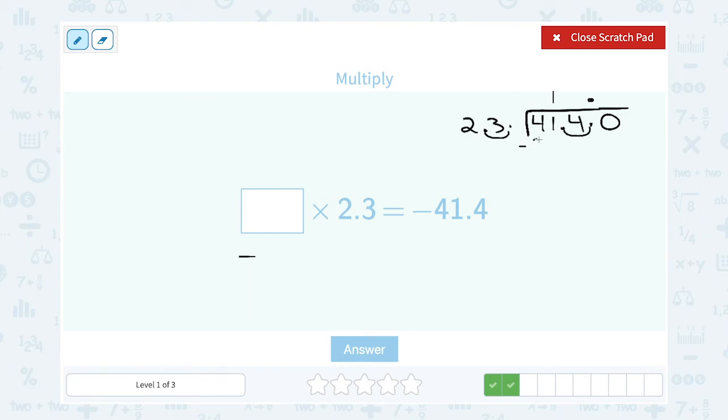Okay, and I'm going to subtract the 23 to see what I have left over. Okay, well, I'm going to have to borrow from this ones place. 11 minus 3 gives me 8. And 3 minus 2 gives me 1. Okay, well, 23 is not going to go into 18, but it is going to go into 184, right? I'm going to bring down that 4.